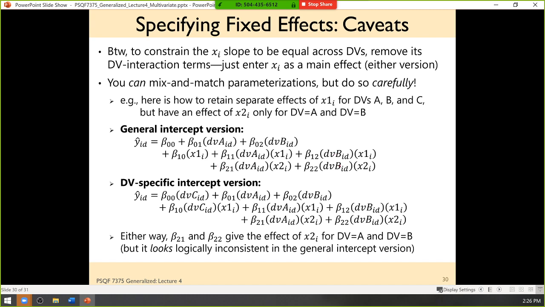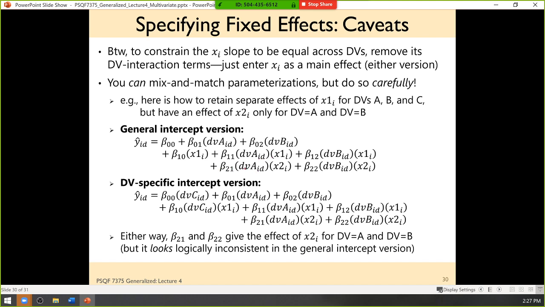But then we get to the bottom part here. There's no main effect of x2. So beta 2,1 and beta 2,2, even though they look like they should be doing the same thing as the equation above, they're not.